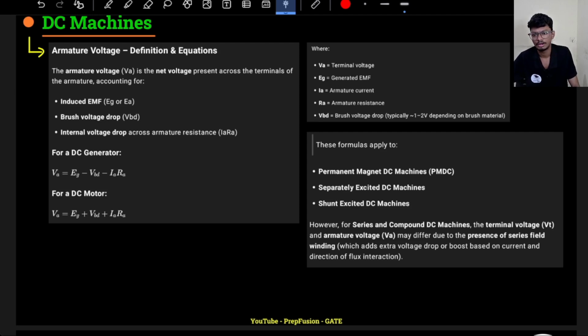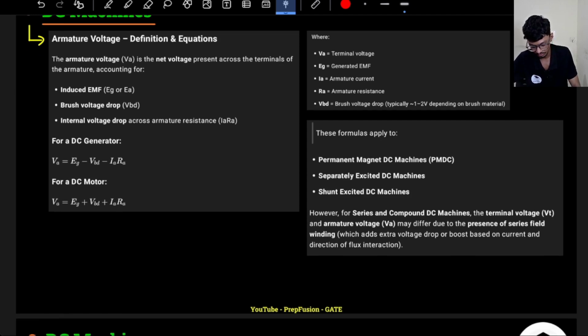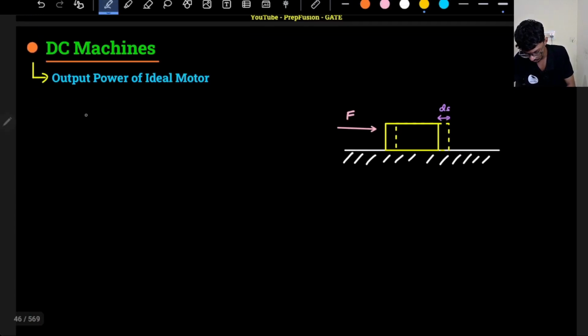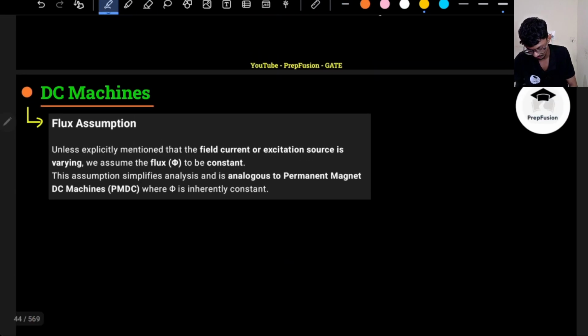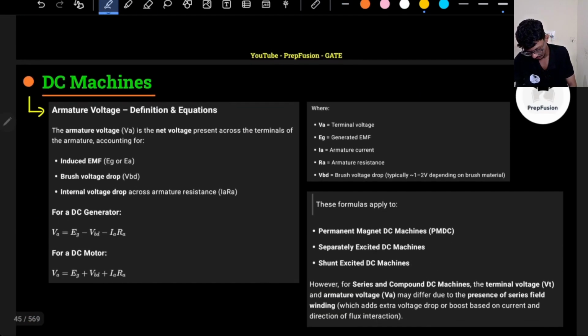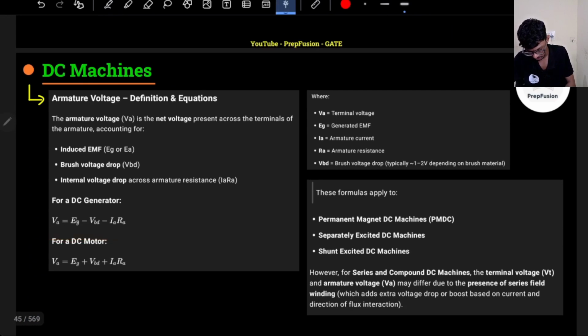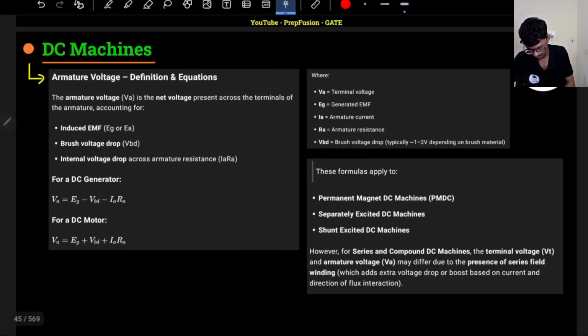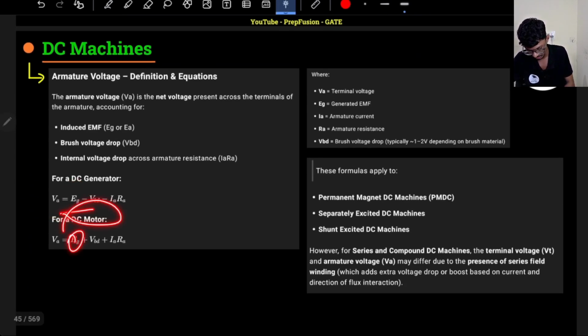Now I want to discuss a very key point. We got the value that Eg into Ia, or Eb into Ia, was the mechanical power of the motor. If I multiply this equation by Ia on both sides, Eg into Ia will be the mechanical power for a generator, and for a motor this will be Eb into Ia.